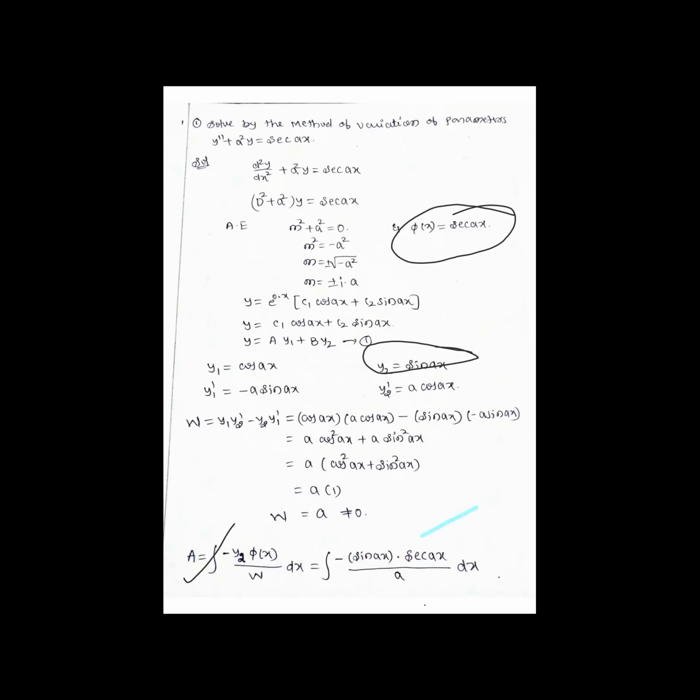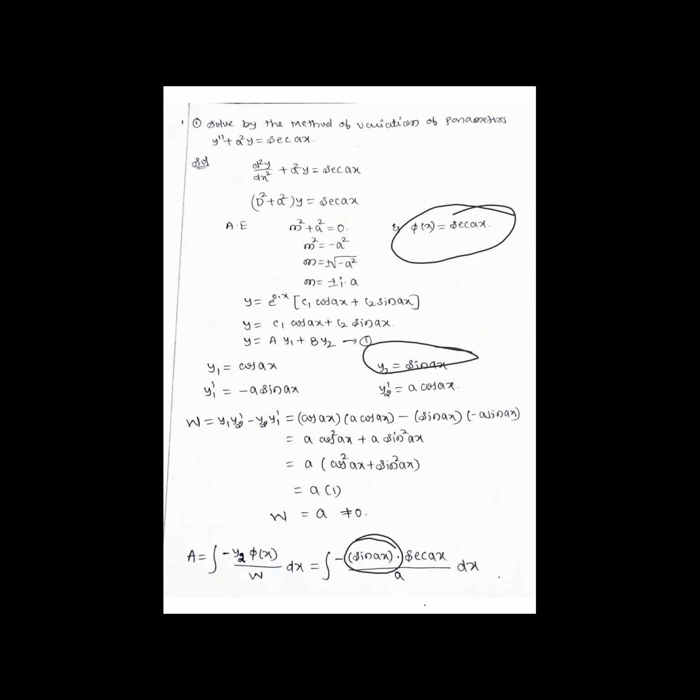So what maximum we can simplify is that, see here, sine ax is there. Sine ax I cannot do anything for. So the term which is left is secant ax. Secant ax I can write as 1 upon cos ax, that we have studied in the previous class, in first PUC and second PUC.